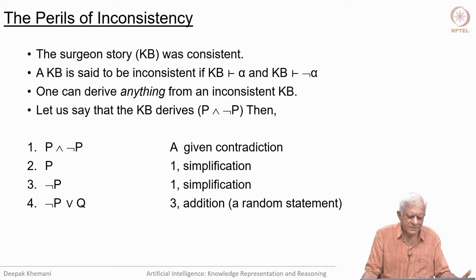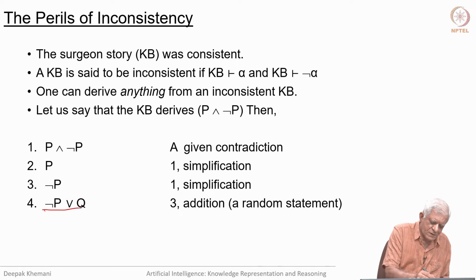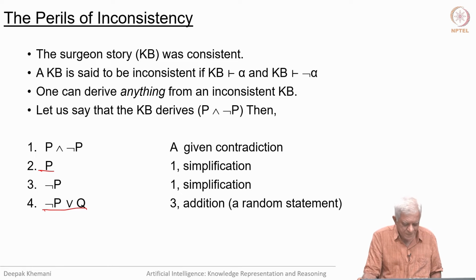Because if you remember the semantics of the OR statement, it says that either not P must be true or Q must be true. Not exclusively either; at least one of not P or Q must be true. And since not P is true, this whole statement not P or Q is true. But if not P or Q is true, and if P is true, that is where the contradiction comes into play.